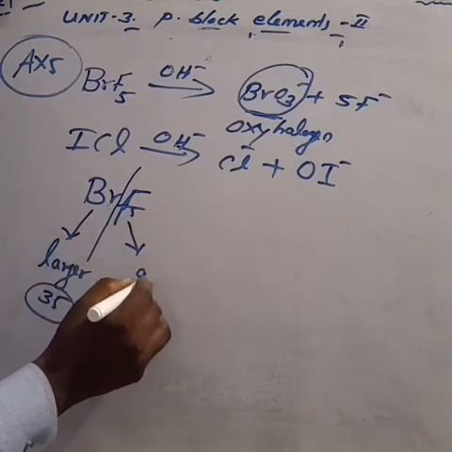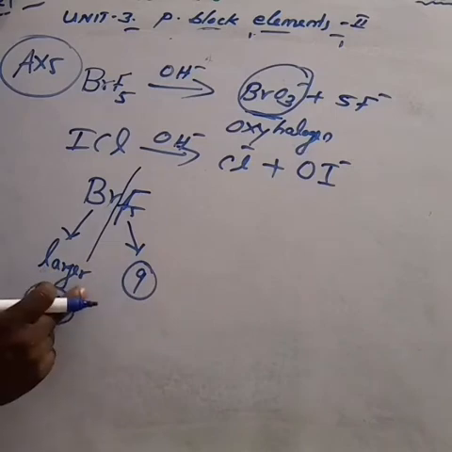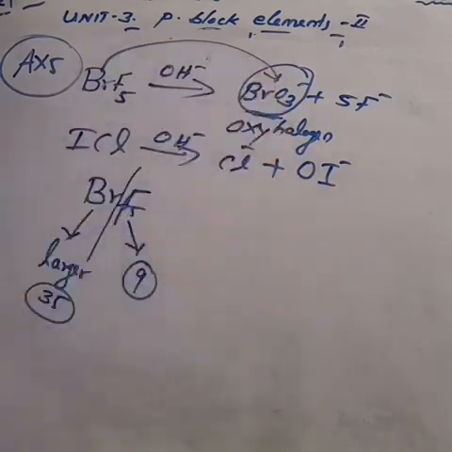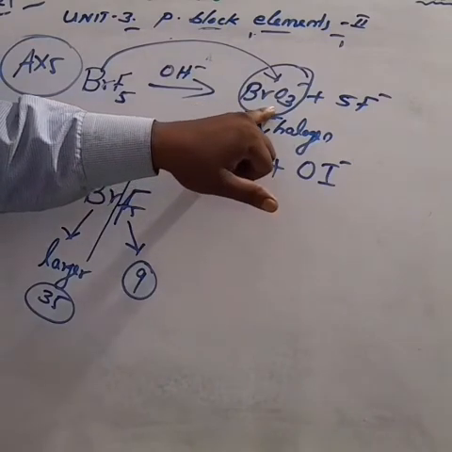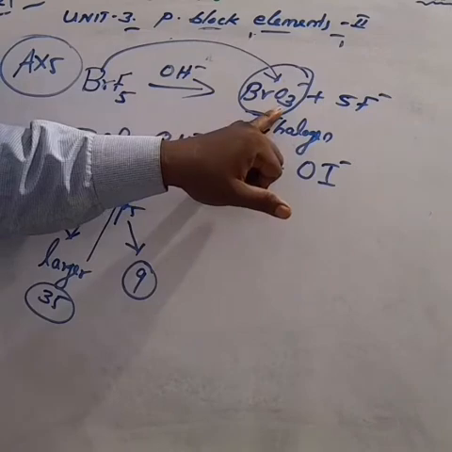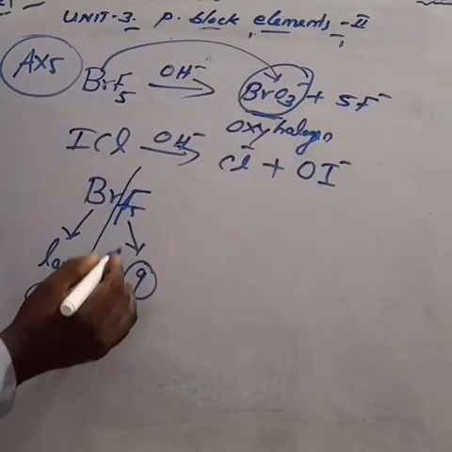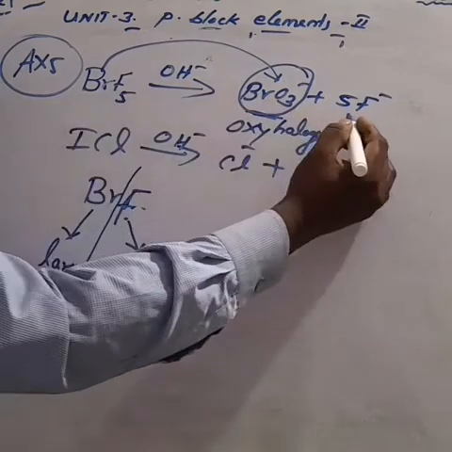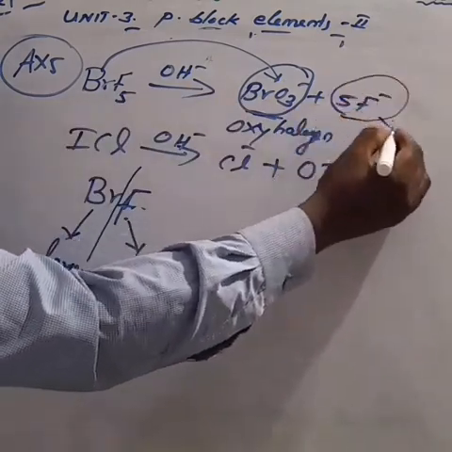Which one is larger? Bromine is larger. So bromine forms oxyhalogen, that is bromate ion. And the smaller halogen, fluorine, atomic number 9, forms fluoride ion, otherwise we can say halide ion.